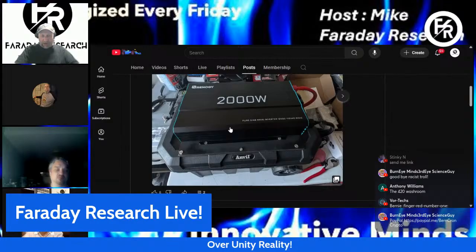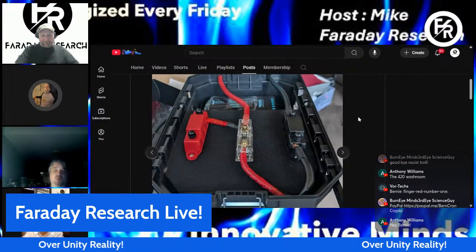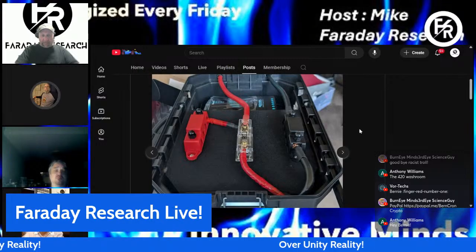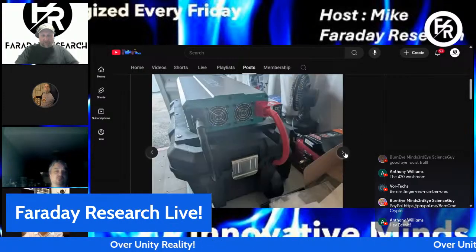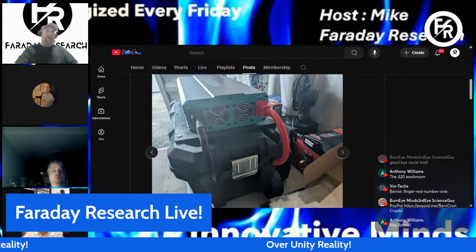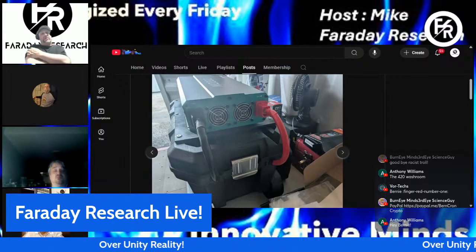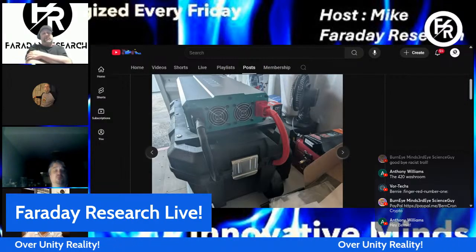So that's the power unit I've been working on for my friend. That's what, 1 gauge power cable on that? Yeah, 1 gauge. Over engineered. Well, you know what? This thing will be cranking about 200 amps if you pull 1800 to 2000 watts.